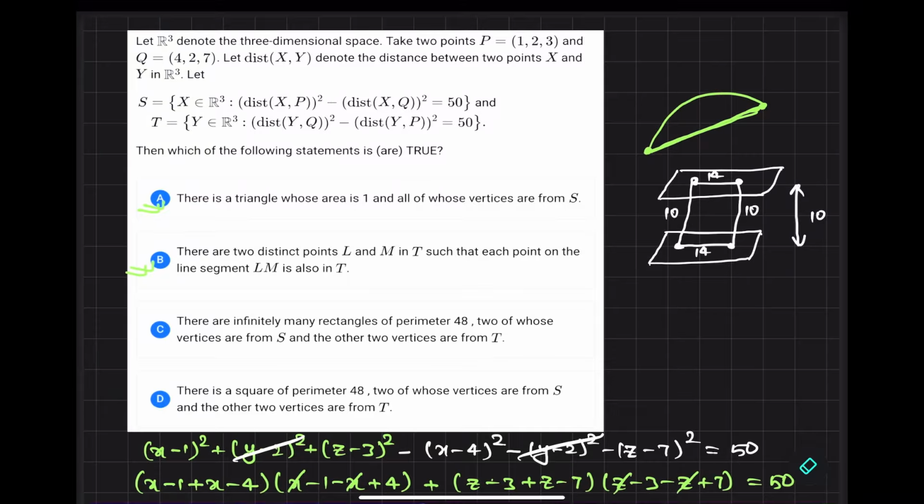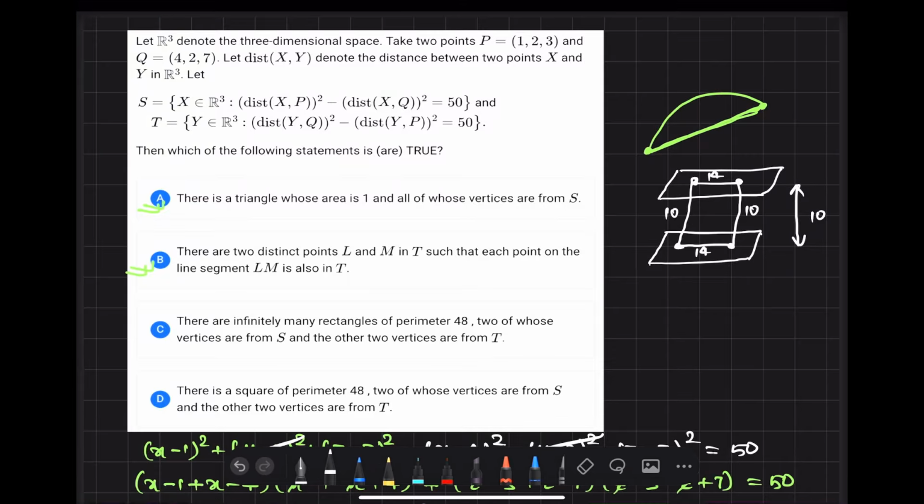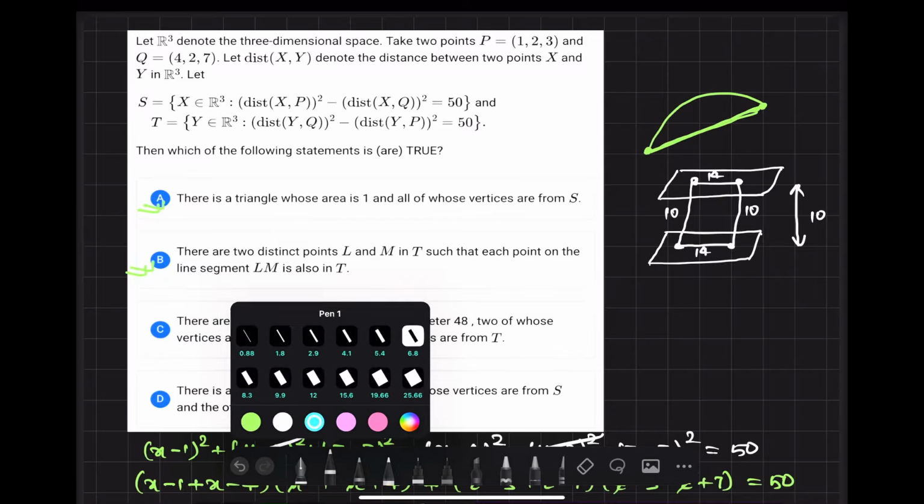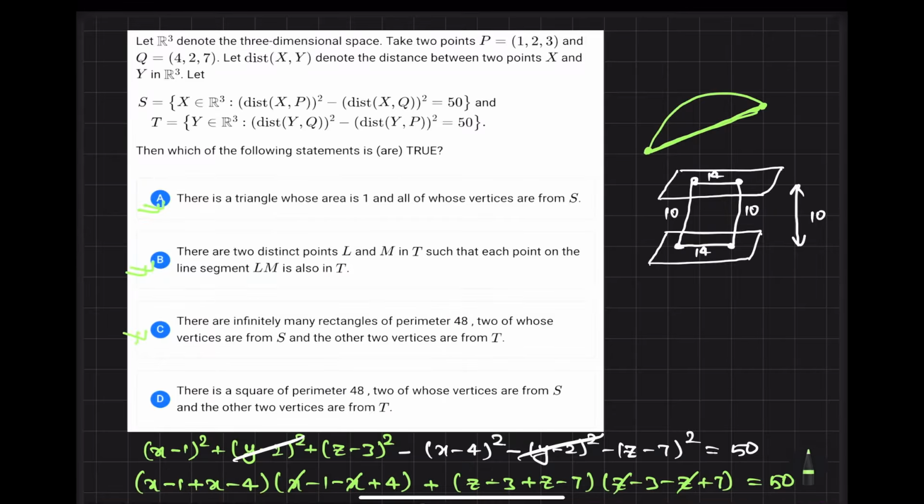Okay. Now think about option D. Option D is saying there is a square of perimeter 48, whose two vertices are from S and two vertices are from T. So you have to select 2 points on the above plane and 2 points on the below plane, and we should have perimeter 48.